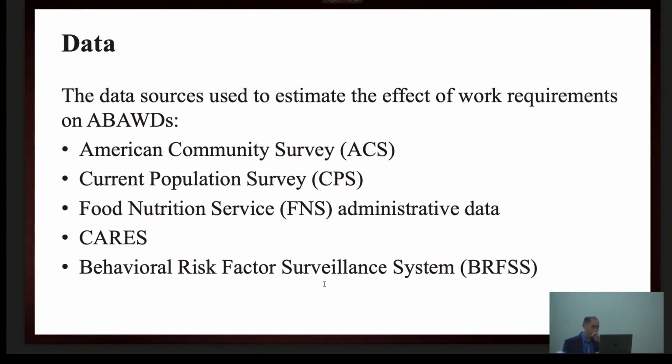Okay? But I want to summarize that these are some of the data sources they've used to estimate the effect of work requirements on different outcomes. So American Community Survey, a number of us have probably used that, CPS, FNS administrative data, but even BRFSS, okay, they've used that as well.